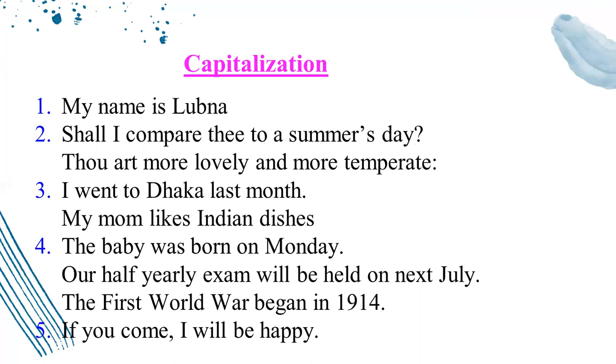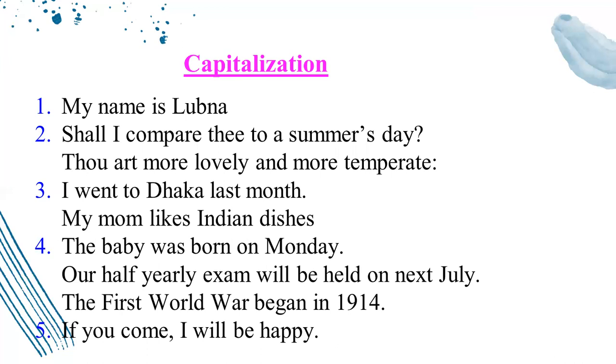These are 2 lines from one of Shakespeare's sonnets, and it's a famous sonnet. You have to remember one thing, that each line in an English poem starts with a capital letter. Here, S is capital, from Shakespeare, and in the next line, thou, T is a capital letter. Okay, is it clear to you?